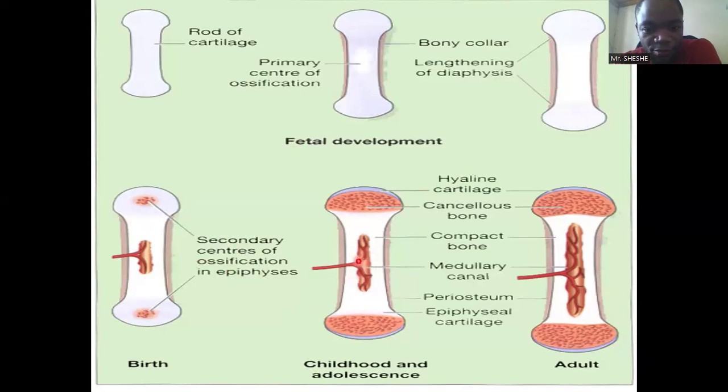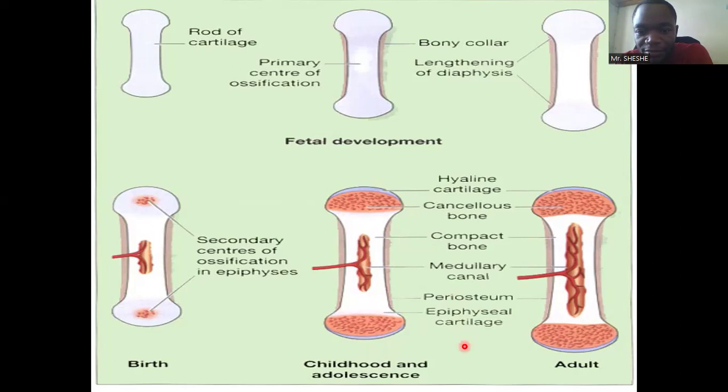So, development of the bone begins from the central part here and then spreads out, going up, going down, sideways, like that. These distal parts, the parts that are away from the central, usually remain cartilage, right? So, the middle part will be bone, then the distal parts will still be cartilage.